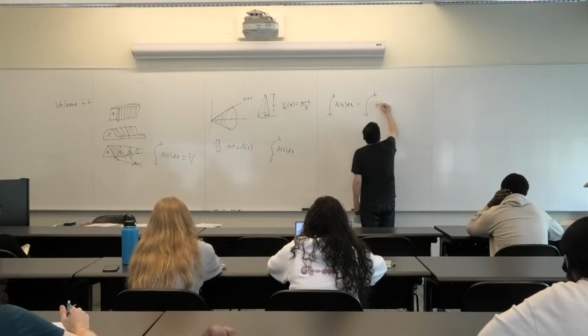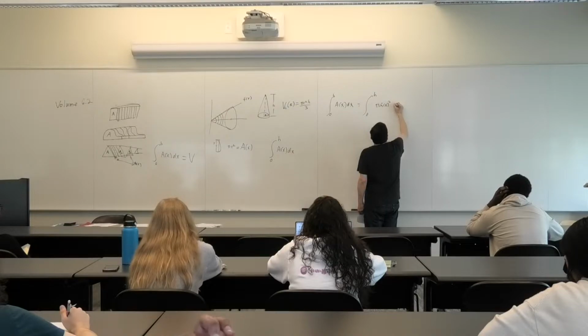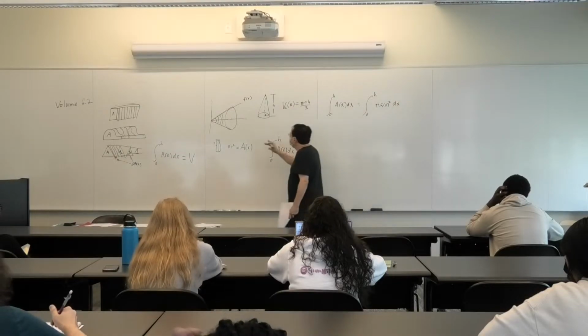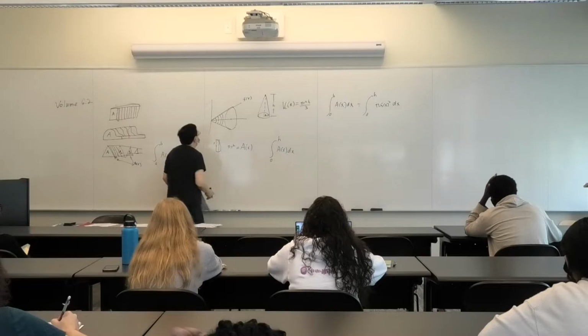So pi f of x squared dx. So now we just have to find out what this function is.